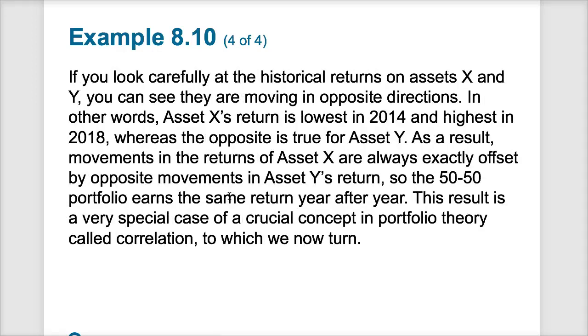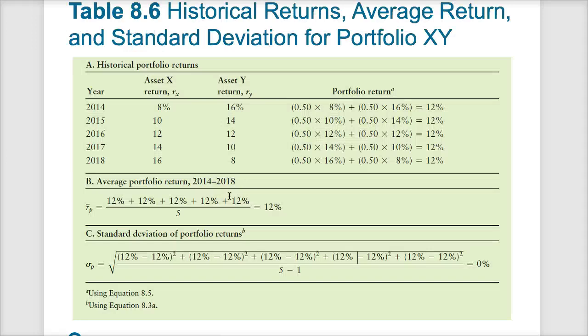If we have two portfolios, X and Y, in a given year, and they're broken out evenly by 50%, we see that for any given year, the return of these portfolios is going to be 12%. So together, the portfolio with both assets is going to give a very consistent return of 12%, which is a standard deviation of 0 because there's no deviation here.